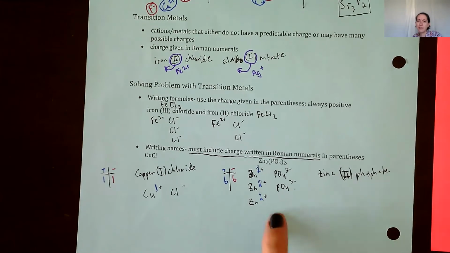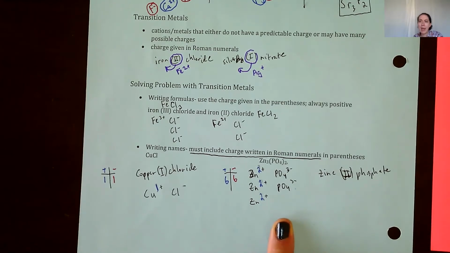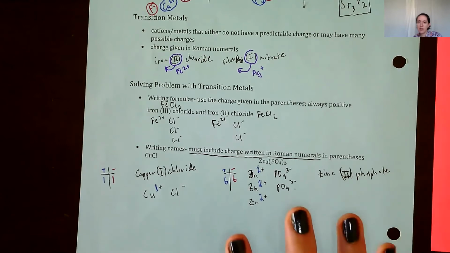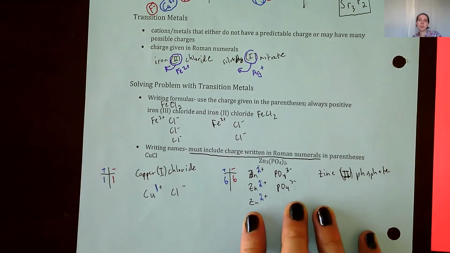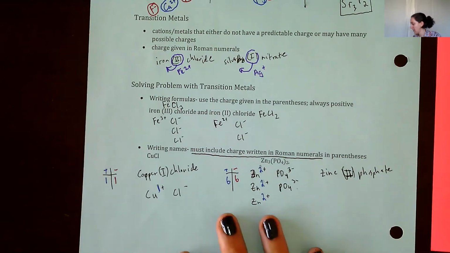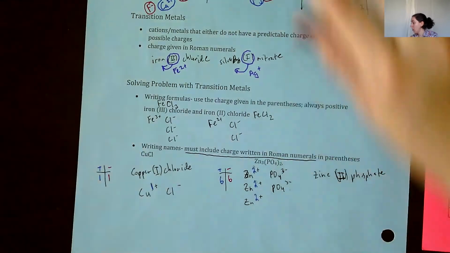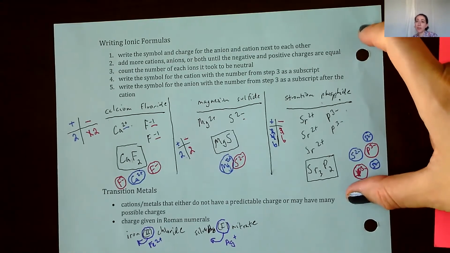On the test, there definitely will be a couple problems that will show up like this, but you can still do okay if you're a little confused still. But definitely work on it. It's a good thing to know. It really proves that you understand what formulas and names of compounds are. Overall, ionic formulas, this stuff is the most important thing.